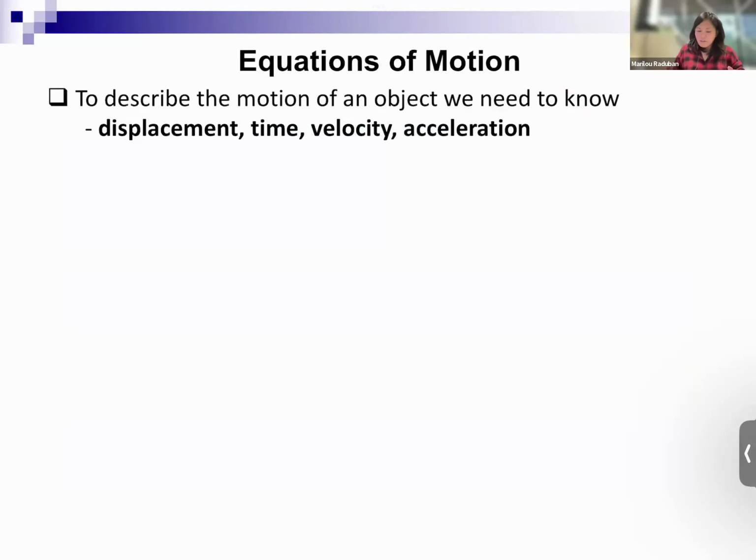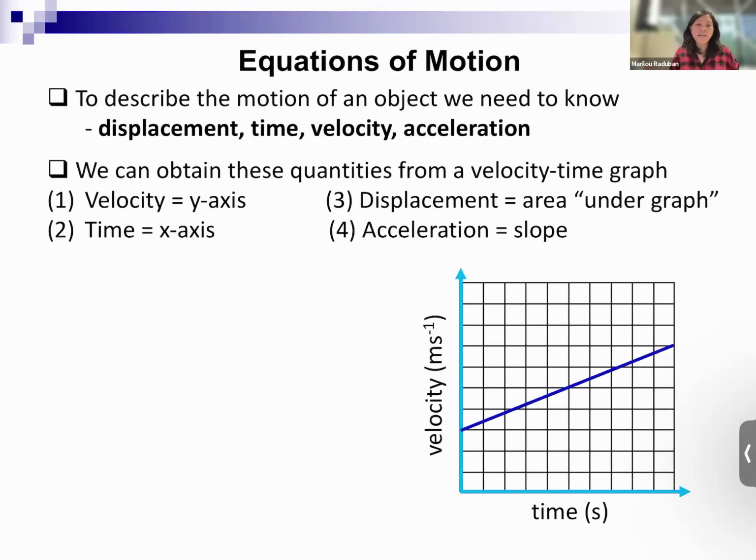Right? Okay, so what we have learned so far is that we have defined the kinematic variables, or the quantities that describe an object's motion. We then learned how to interpret a motion graph that contains these kinematic variables.